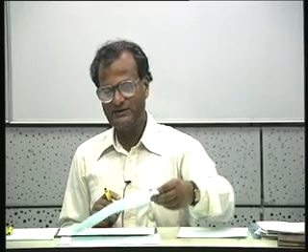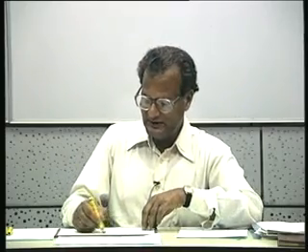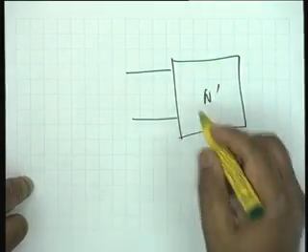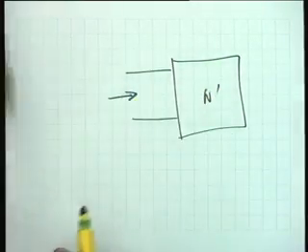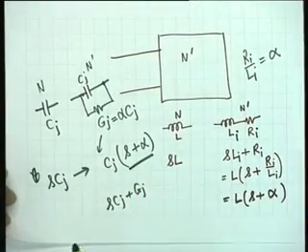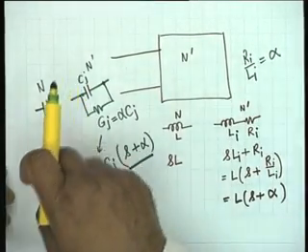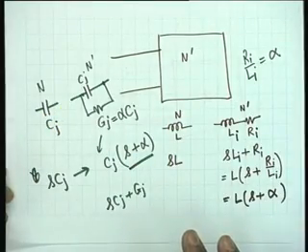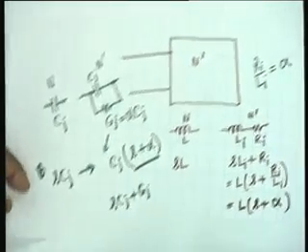Then what happens to the input impedance of N prime? You see, the only change that has happened is that wherever S occurred in N, S should be replaced by S plus alpha. Is the point clear?